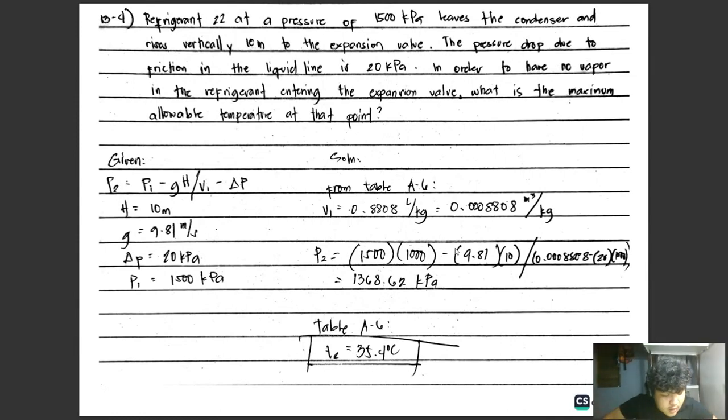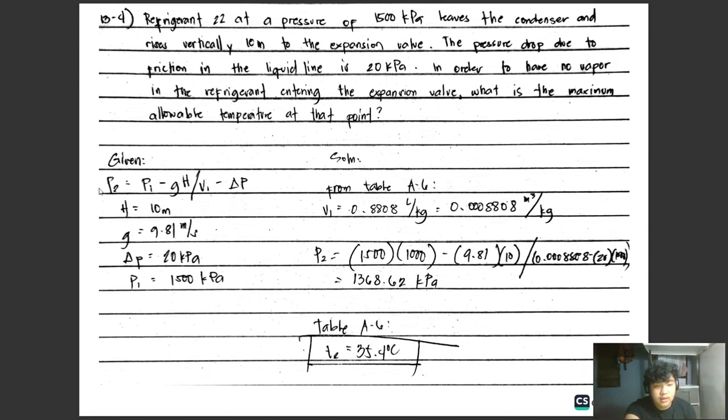So moving on to our problem 13-4. Refrigerant 22 at a pressure of 1500 kilopascal leaves the condenser and rises vertically 10 meters to the expansion valve. The pressure drop due to friction in the liquid line is 20 kilopascal. In order to have no vapor in the refrigerant entering the expansion valve, what is the maximum allowable temperature at that point? In this problem, we need to get the allowable temperature for the refrigerant reaching the expansion valve.